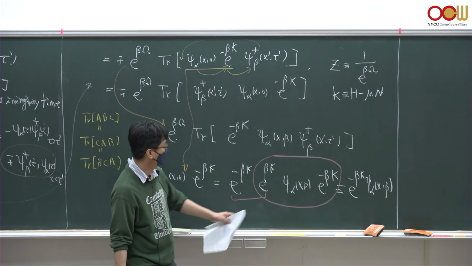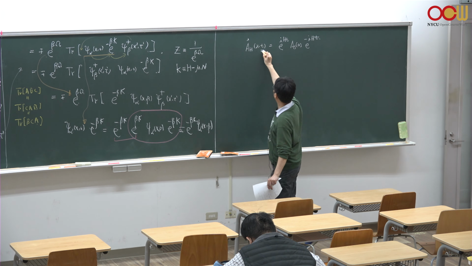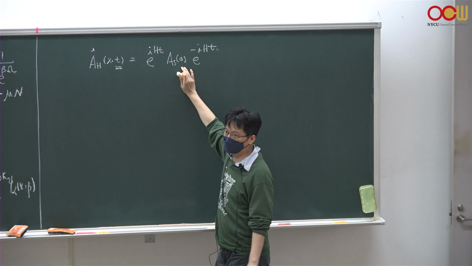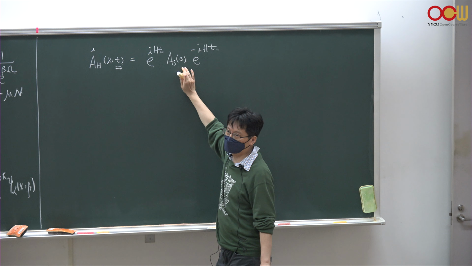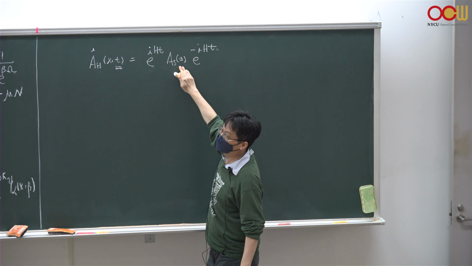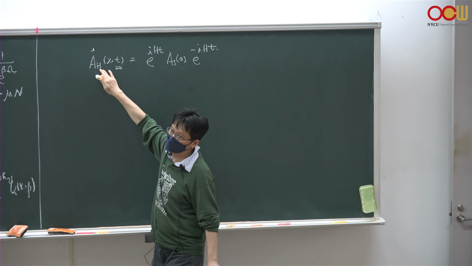Remember your Heisenberg operator, and Schrödinger. In the usual definition of the Heisenberg operator in the real time domain, it is the time evolution of the Schrödinger operator, right? You simply perform such unitary transformations, taking you from the Schrödinger operator at time equals 0 to the Heisenberg operator at time t.